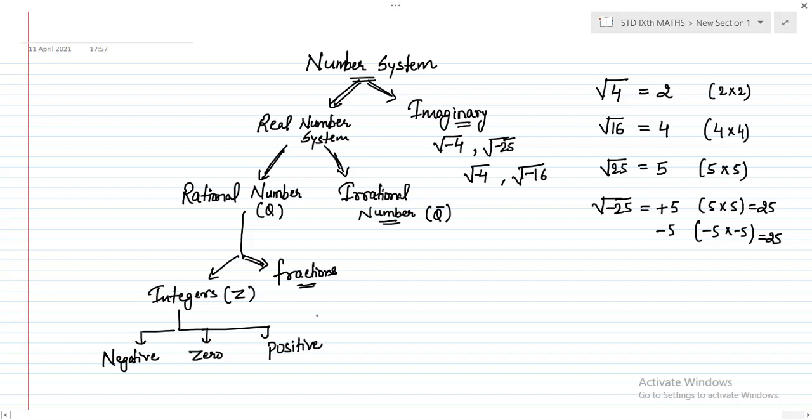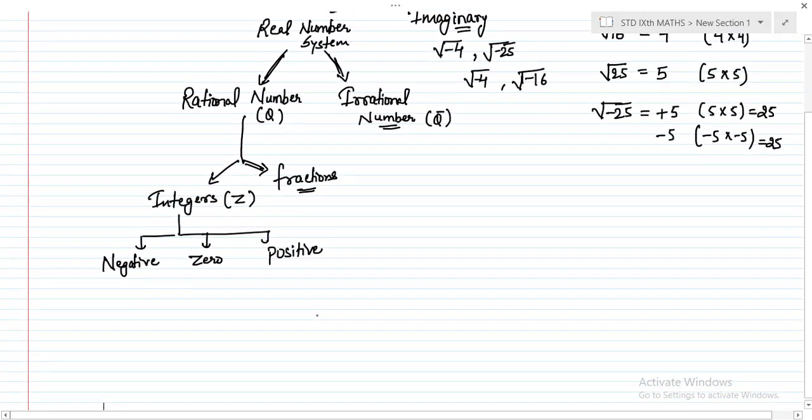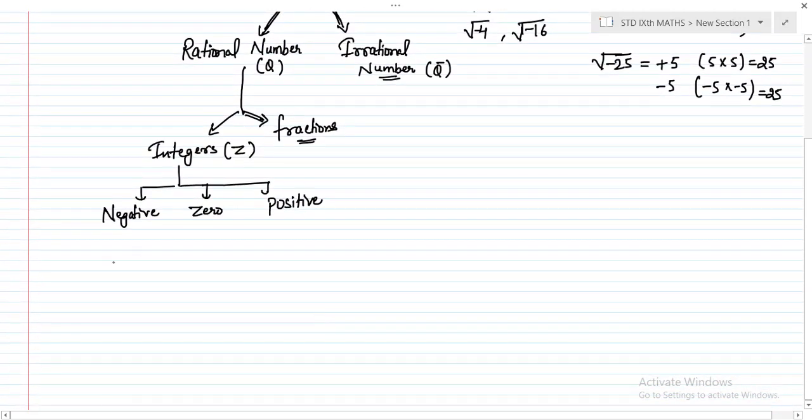Some examples: negative integers are -3, -2, -1 and many more. For 0, there is a single unit, that is 0. Positive integers can be 1, 2, 3, and so on.